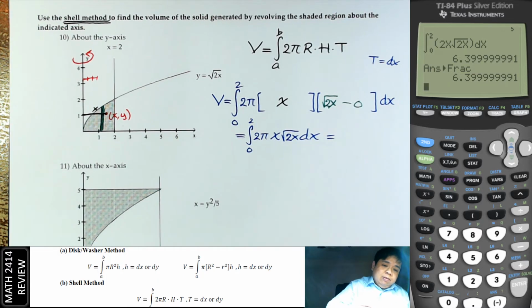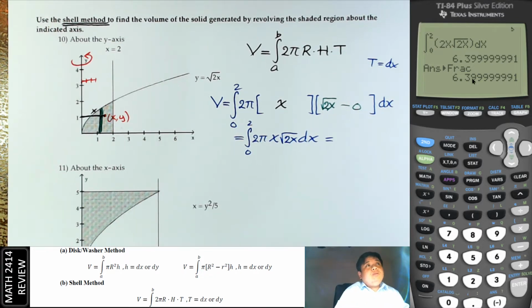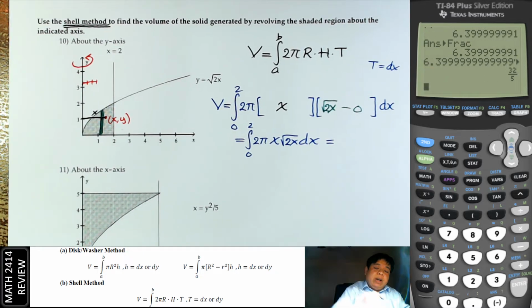And then just take a pi to it, so this is more like 6.4. Yeah, 32/5. We can use that.